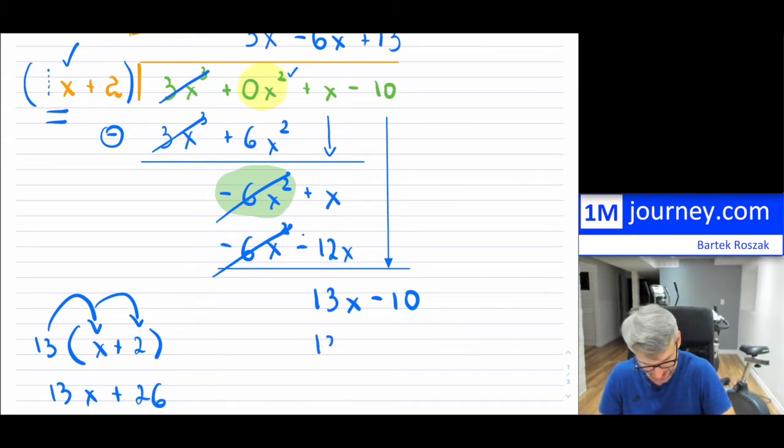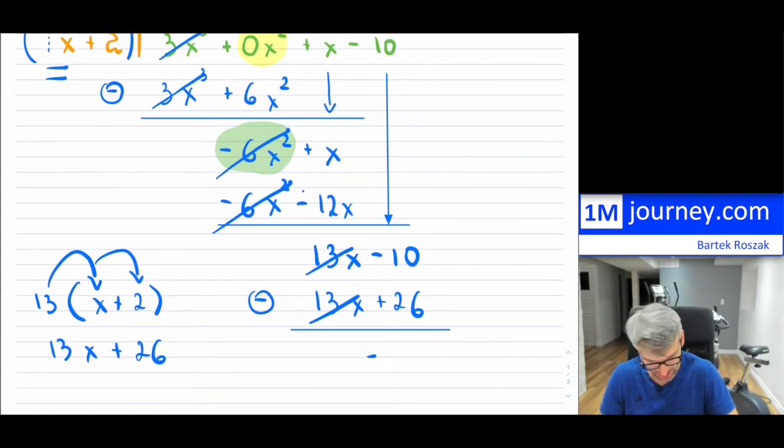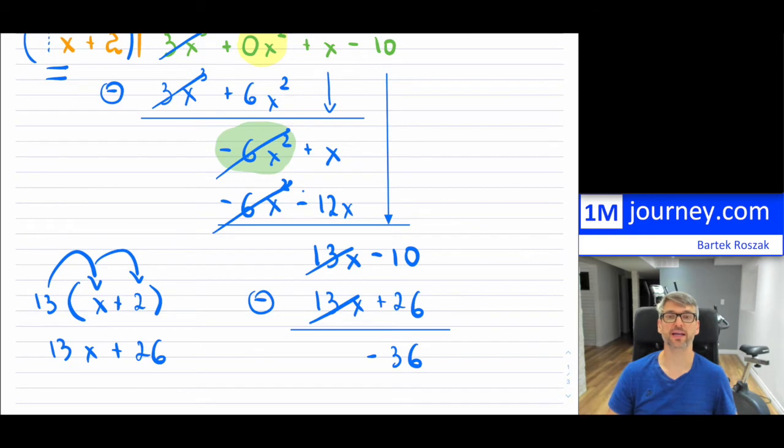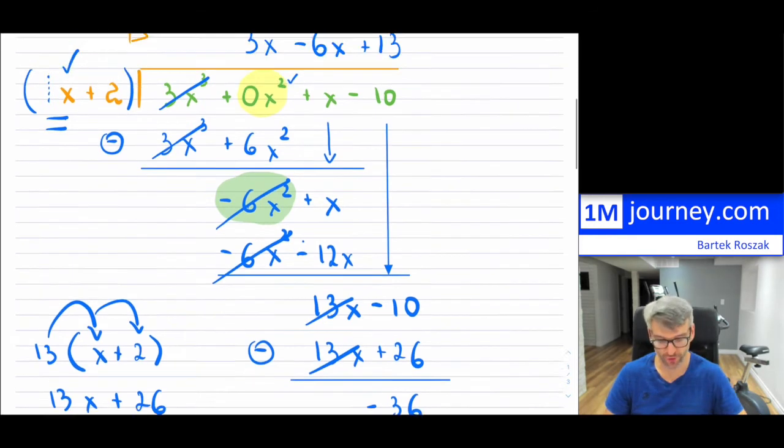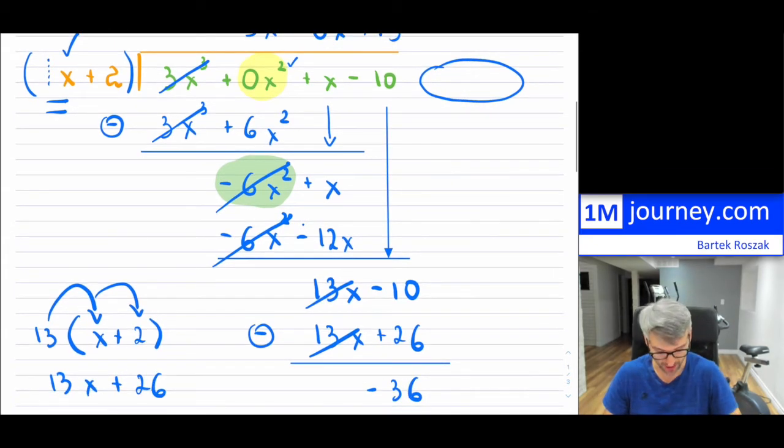So that's exactly what I fill in right here. Then subtracting, that cancels this off, and it gives me negative 36, which is my remainder. I have no more terms to drop here, so I am finished, and this becomes my remainder.